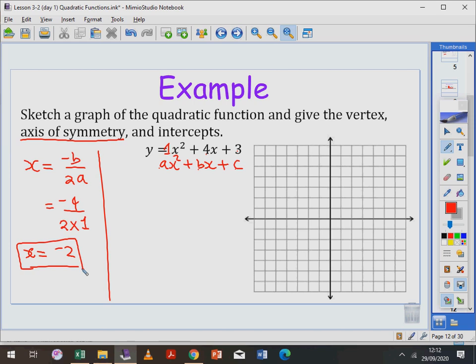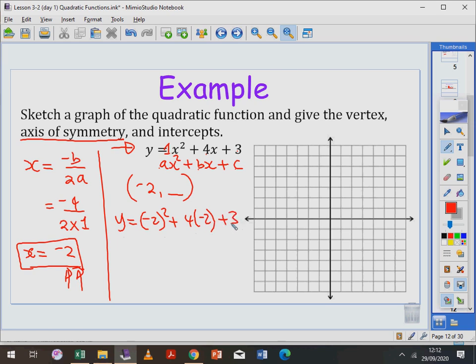Since we know the axis of symmetry is negative 2 and the vertex is the point with x equal to negative 2 and some y value, if I substitute this x value into the equation of the function, it should give me the y value of the vertex. So I substitute negative 2 squared plus 4 times negative 2 plus 3.